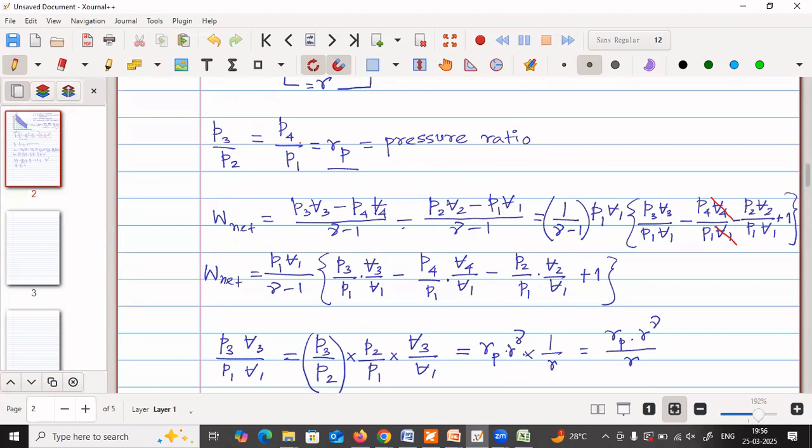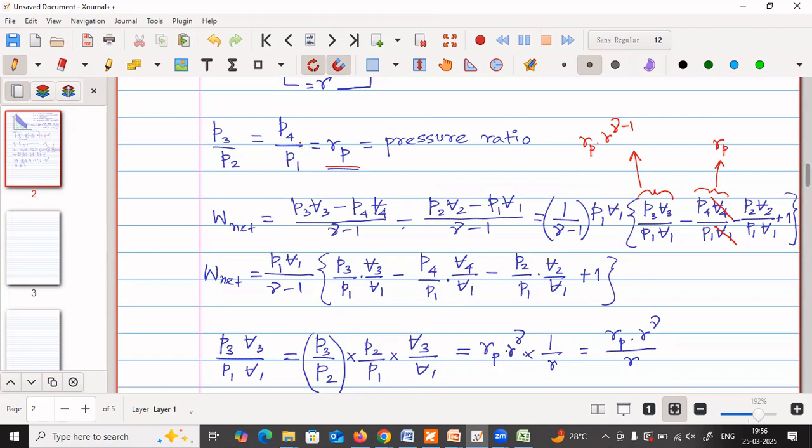Simply, you see that P4 by P1 is equal to Rp here. So the second term will be Rp.